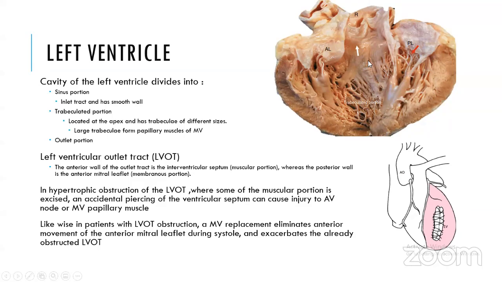The blood moves between the atrial leaflet of the mitral valve and the interventricular septum. If there is left ventricular outlet obstruction, the muscular portion here will be thick.